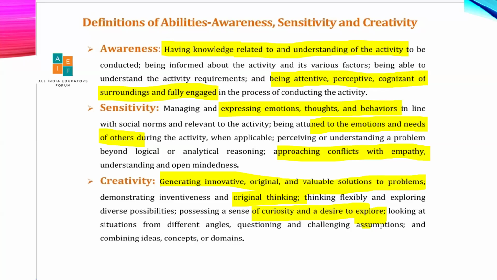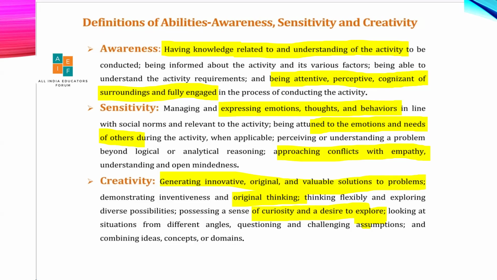And here it is managing and expressing emotions, thoughts, and behaviors. So sensitivity is related to how the child's emotions are being managed. So the emotional intelligence and also the empathy and how the child behaves with others and how helpful the child is in different domains, not just one domain, not just in the playground, not just in the classroom, but during different activities that you do.